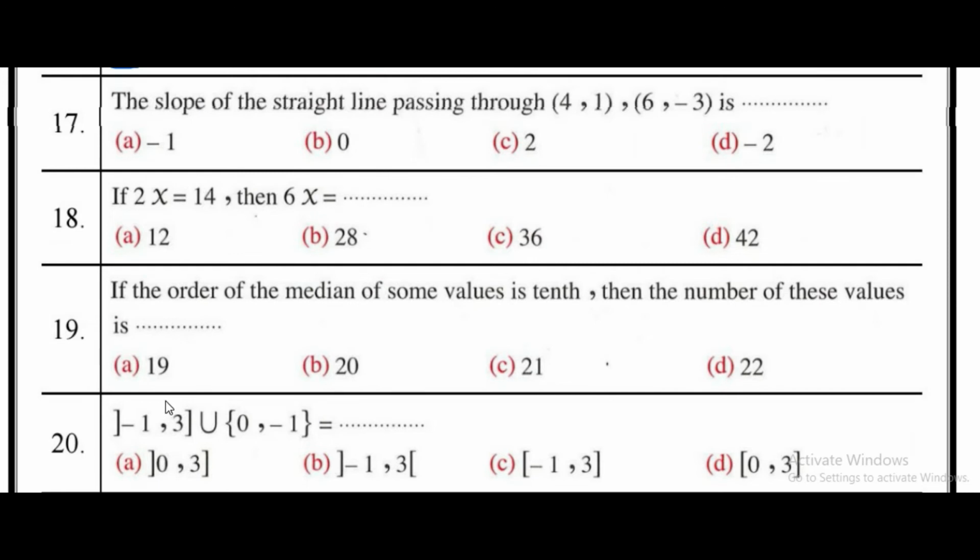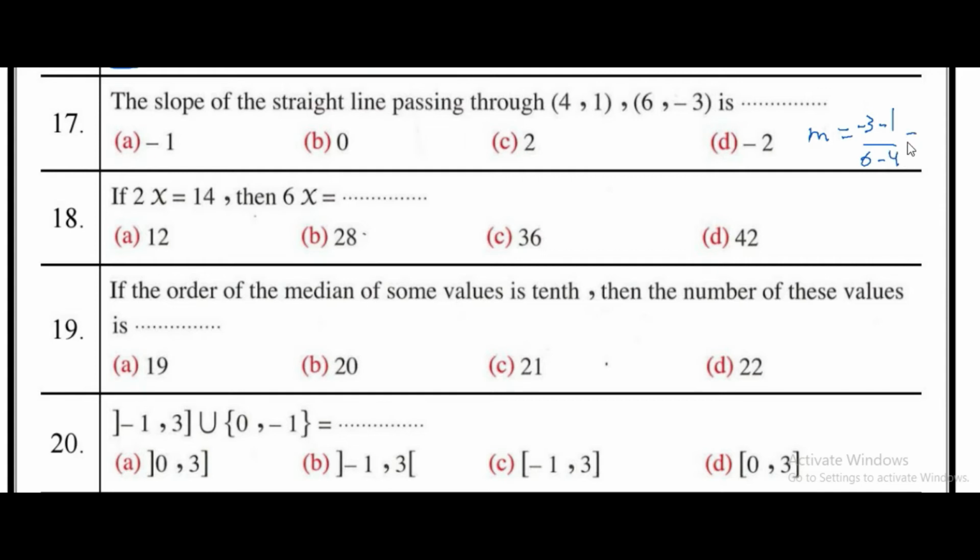The slope of the straight line, m equals y2 minus y1, negative 3 minus 1 over 6 minus 4, negative 4 over 2 equals negative 2. If 2x equals 14, so x equals 7, 14 divided by 2. 6 times 7, 42.